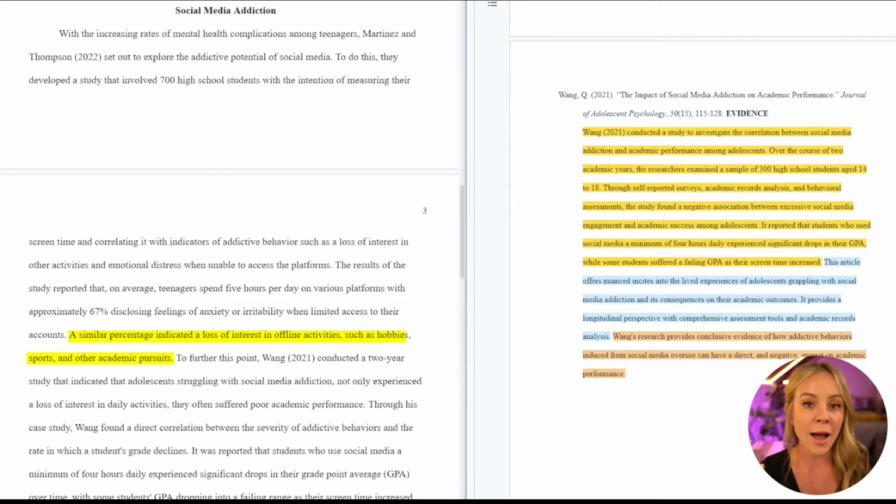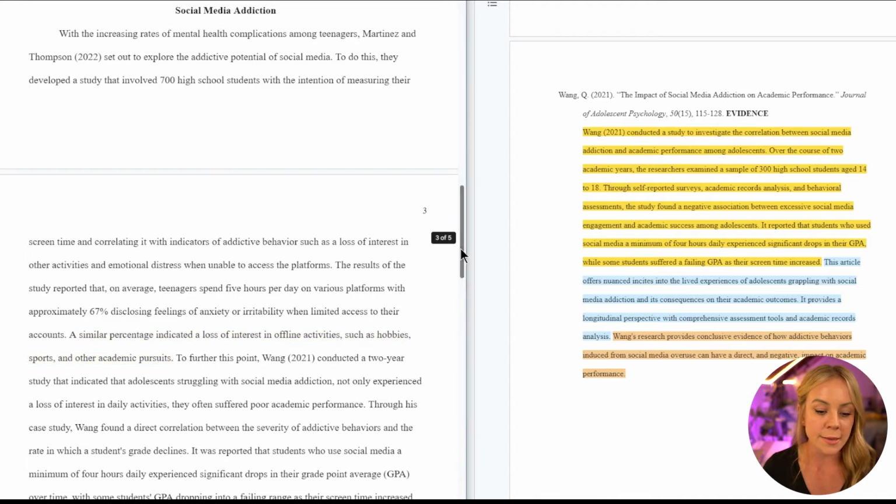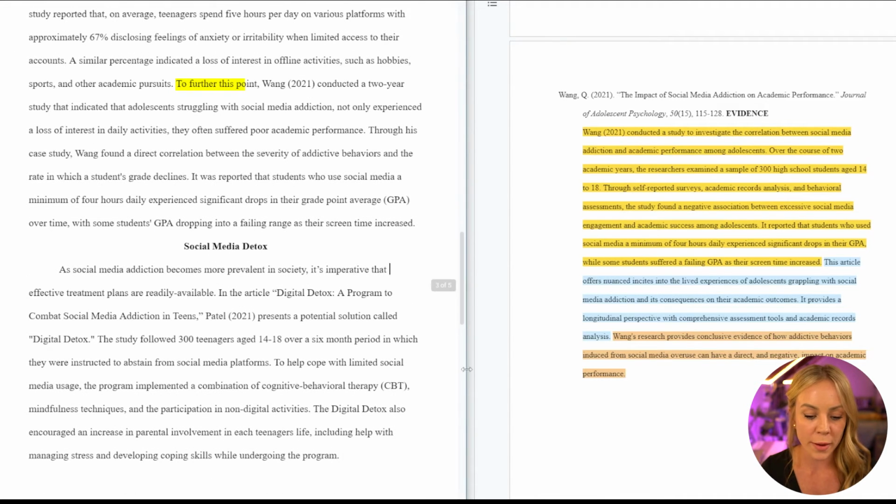Now would be a good time to talk about the second annotation that discusses how social media addiction impacted their academic success. And so what we go on to say is, to further this point, Wang conducted a 2-year study that indicated that adolescents struggling with social media addiction not only experienced a loss of interest in daily activities, they often suffered poor academic performance.